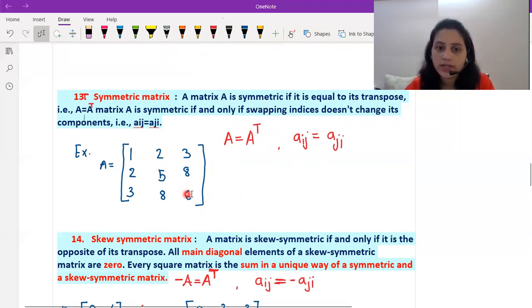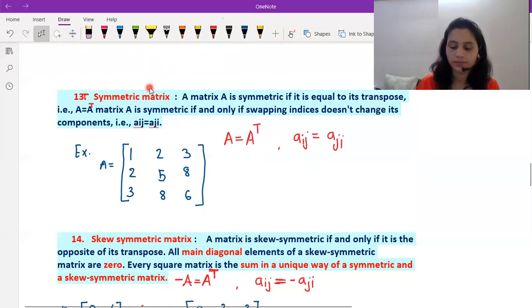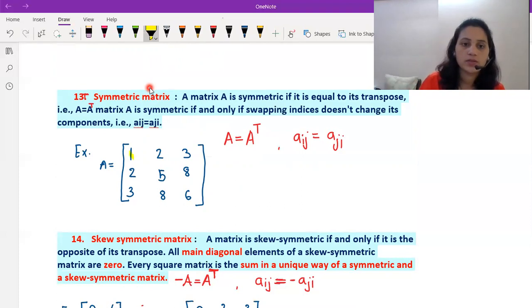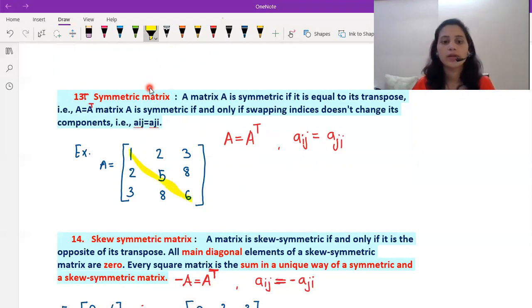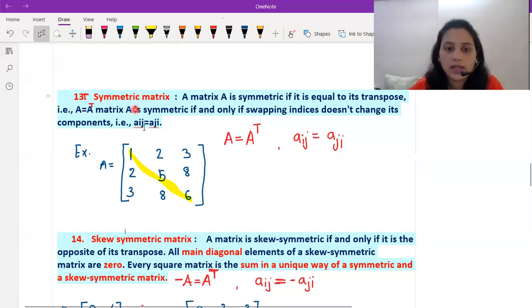Now, if you can see here, 1, 5, 6 are my diagonal elements. And now you can see the non-diagonal elements 2, 3, 8 and 2, 3, 8, right?